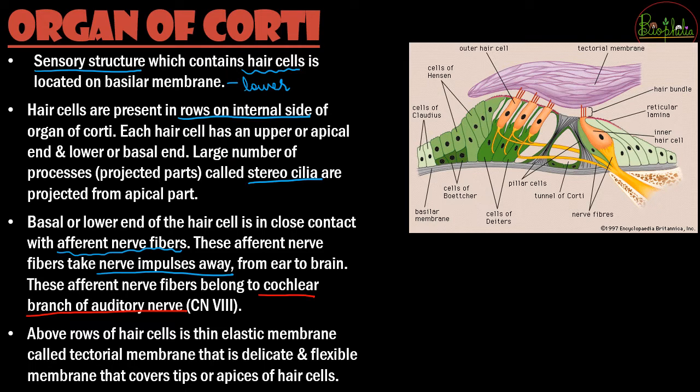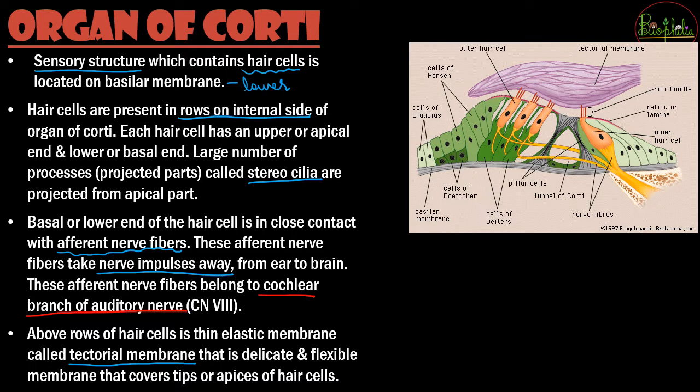Now above all these hair cells, there is going to be a thin elastic membrane, and this thin elastic membrane is called the tectorial membrane. This tectorial membrane is going to be a very delicate, very flexible membrane, which is going to cover all the hair tips.